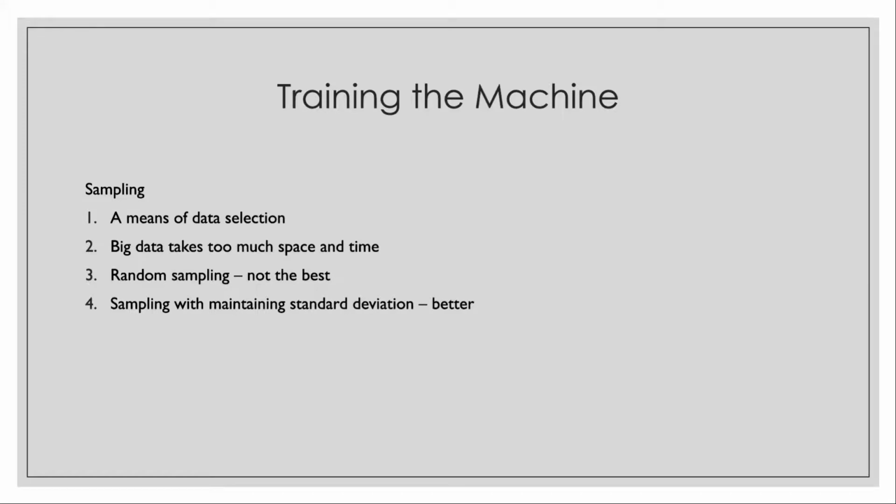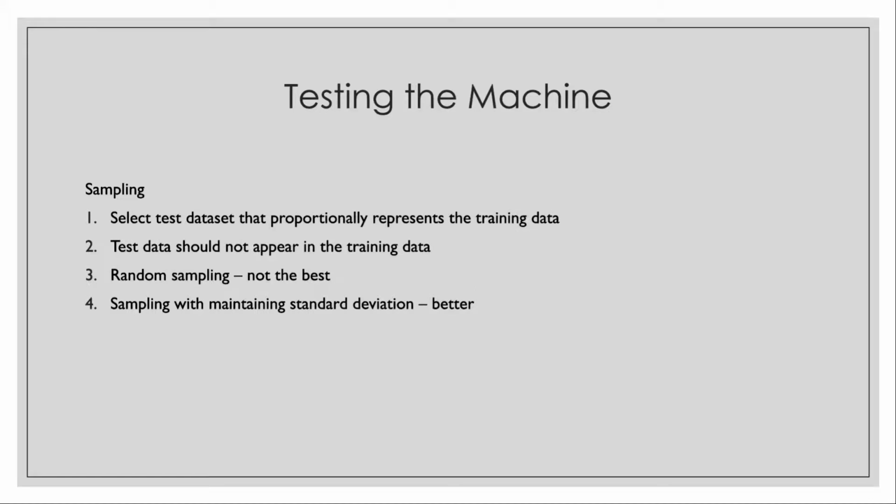One is random sampling, which is typically not very good, and we have sampling with maintaining standard deviation, which is much better, because it's a better representation of the entire original data set. Now, with testing the model, we want to also consider sampling. We want samples that are proportionally representative of the training data, and the test data should not appear in the training data.